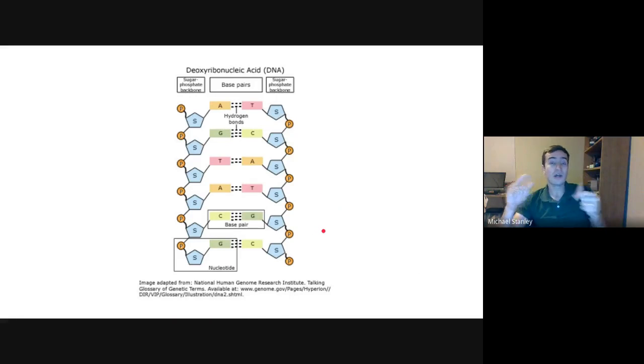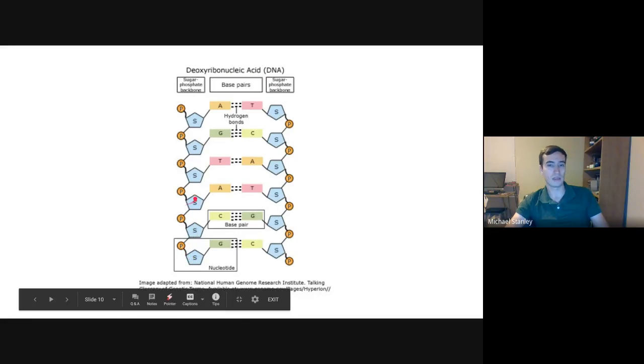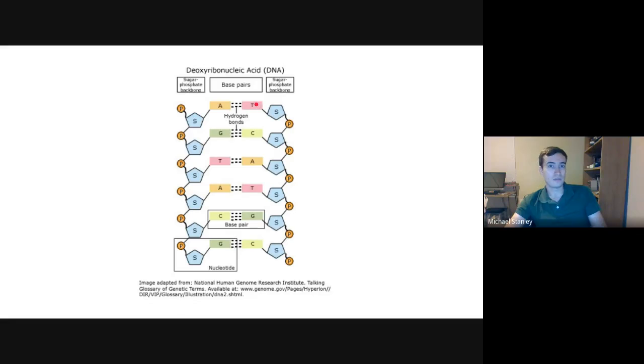So if you uncurled the DNA, made it straight, like ironed it out, it would look something like this. We have sugars and phosphates connected to each other, running up and down the sides of the DNA. We have these bases, which are connected across the middle of the DNA.